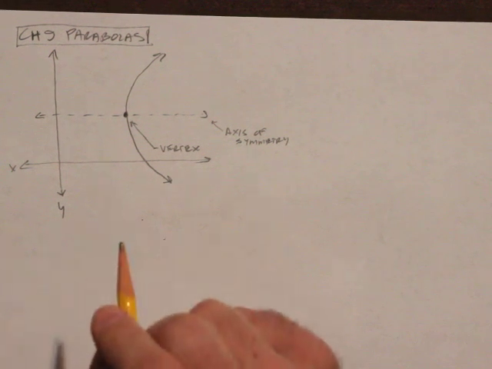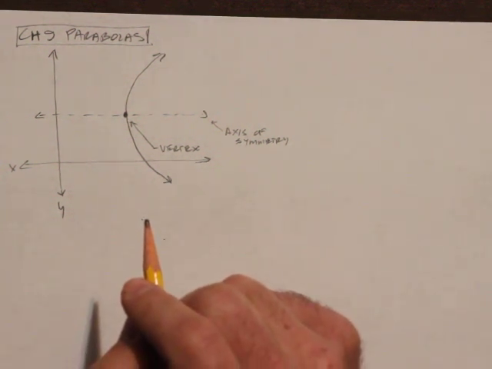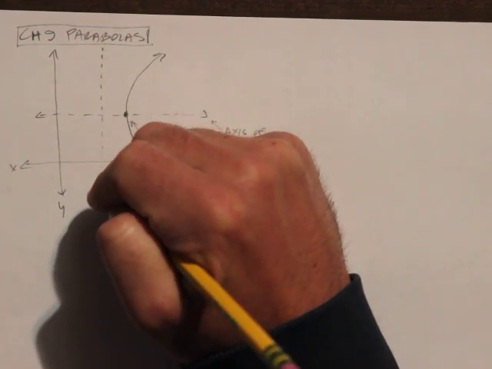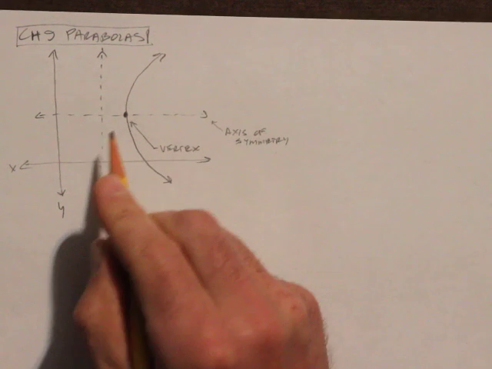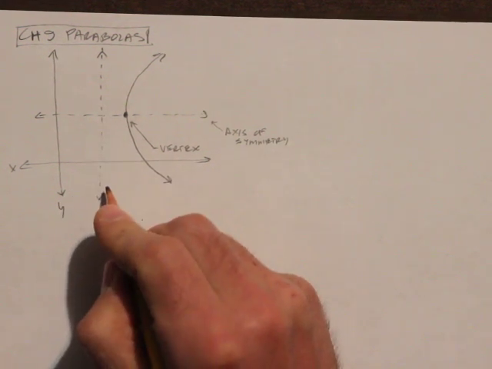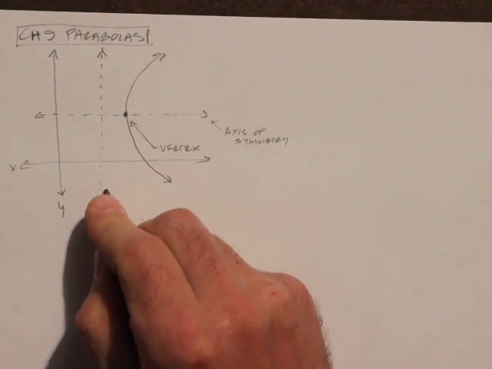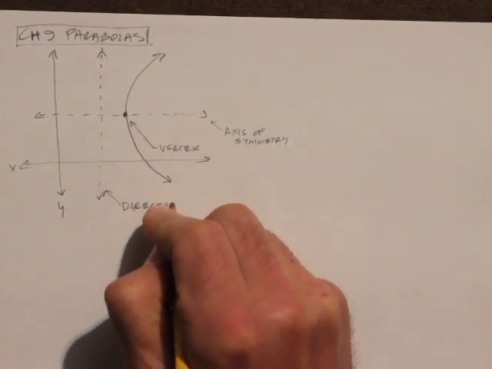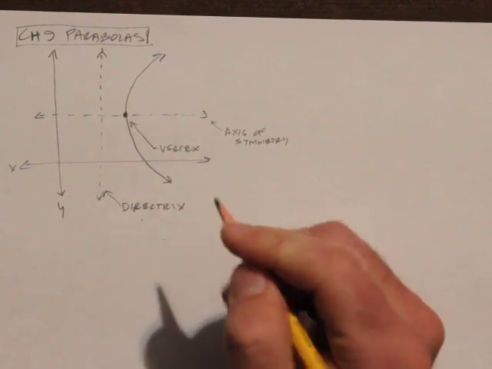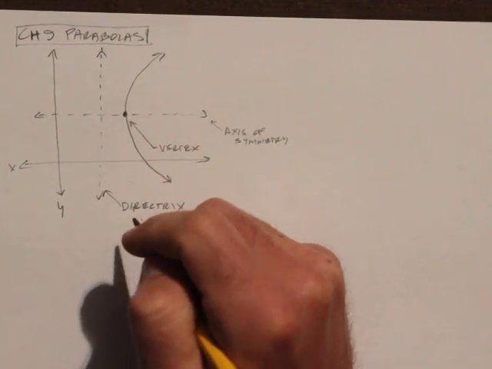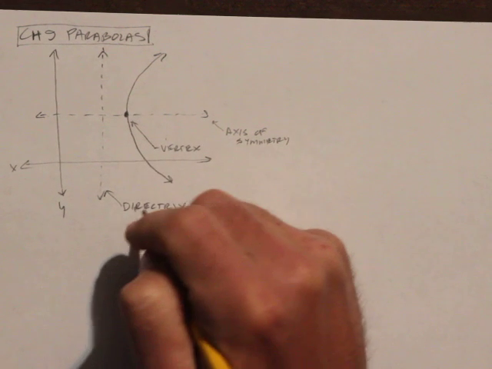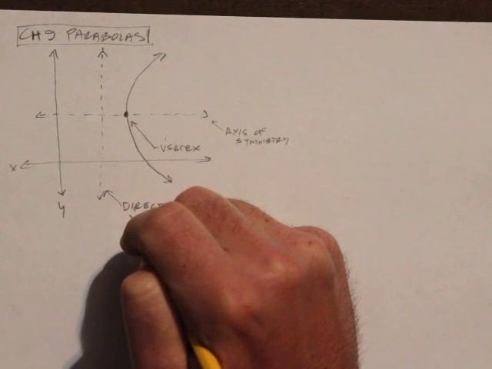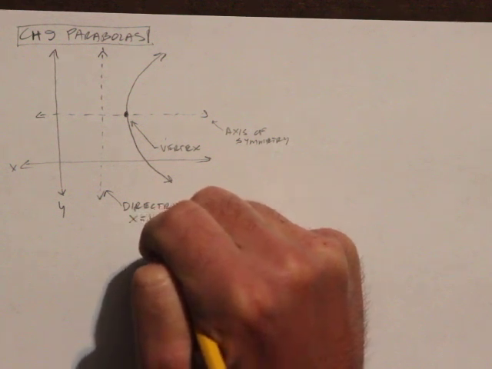Now, I think everything else is going to be new. We're going to draw a dotted line right here. This is called the directrix. In this case, the way you find the directrix is x equals h minus p.